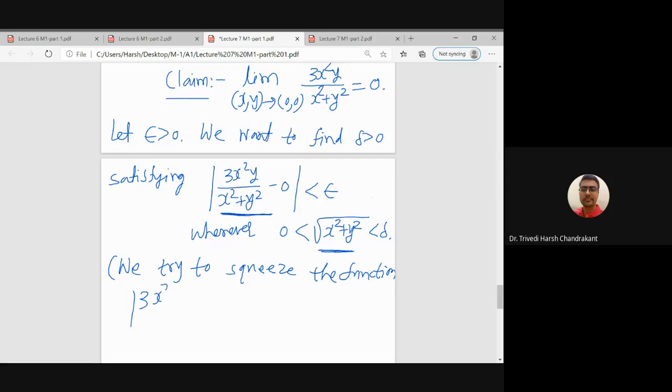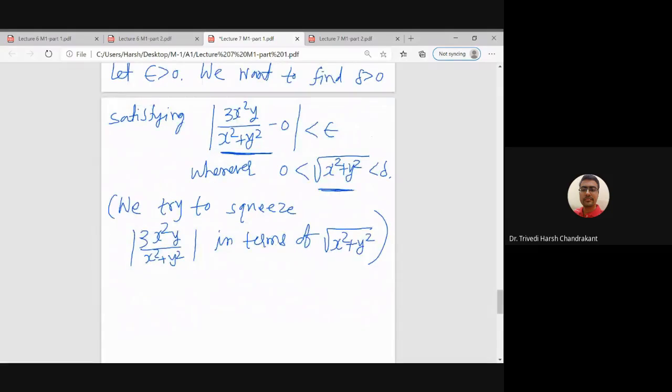Function means basically this thing which we want to show is less than epsilon. So this quantity we want to squeeze in terms of this quantity. And then we know that square root of x square plus y square is less than delta. Then we can compare epsilon and delta basically. So let us try to do this.